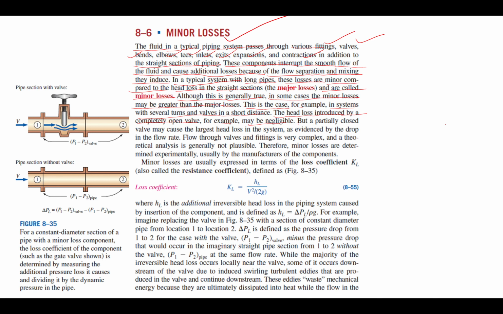Yes, we can assume that. But if the valve is partially closed, here is the example, it may cause the largest head loss in the system, as evidenced by the drop in the flow rate. Definitely, the flow rate will drop. And the flow through valves and fittings is very complex, and theoretical analysis is generally not possible.